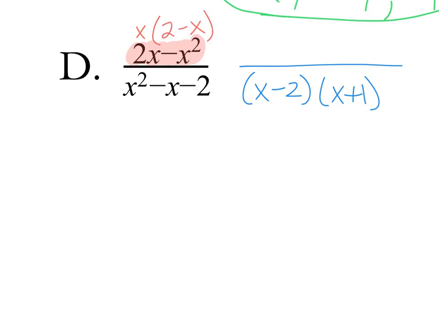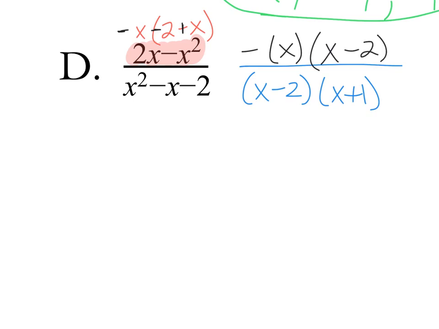Now I want it to match up with that x minus 2. So instead of factoring just a regular old x, if I factor a negative x out, my signs will flip. So I'm going to write this as negative x times x minus 2.